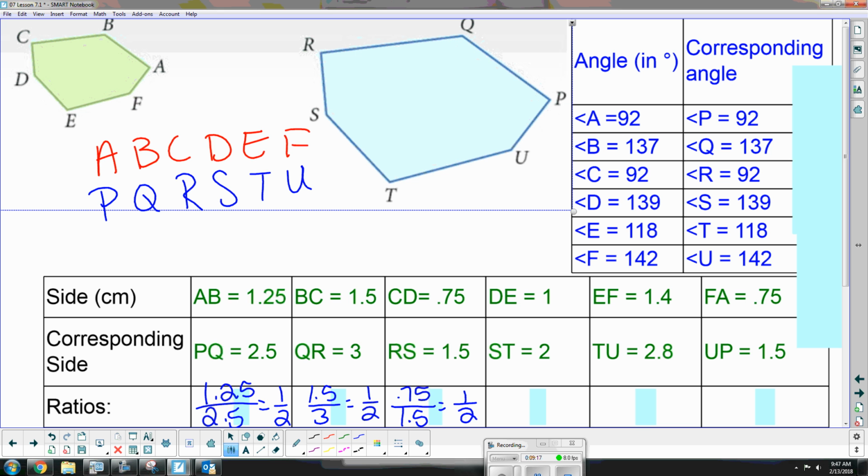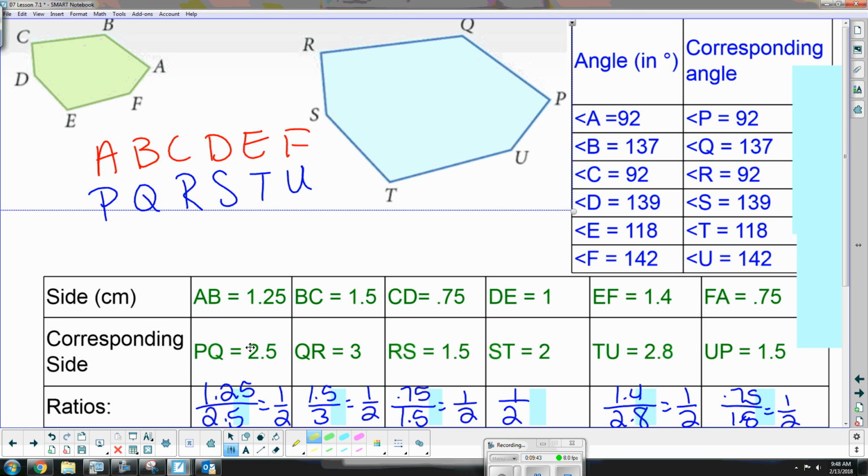Again, if we simplify that, that's 1 over 2. DE to ST is 1 over 2. EF to TU is the same as 1 over 2. And then FA and UP are the same, 1 over 2.